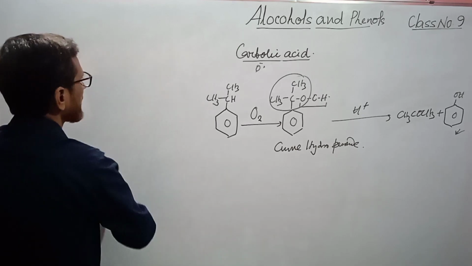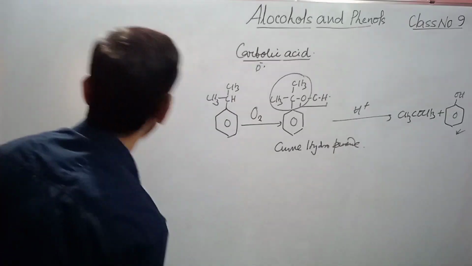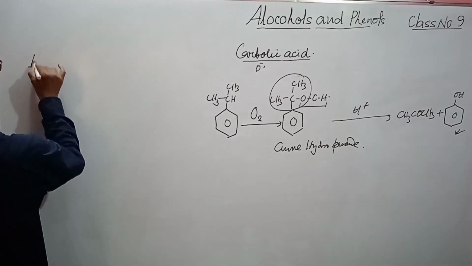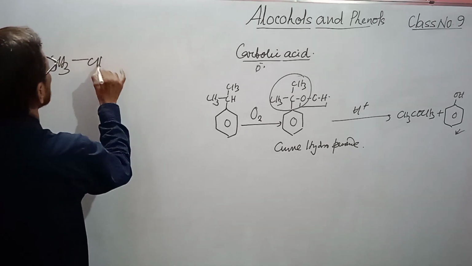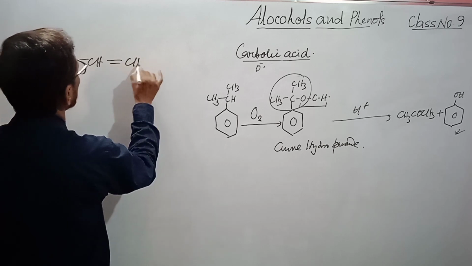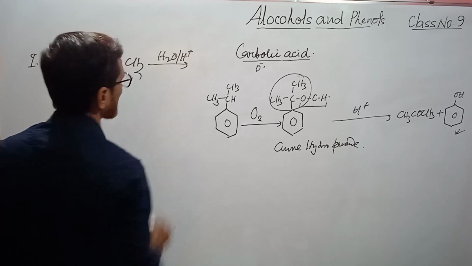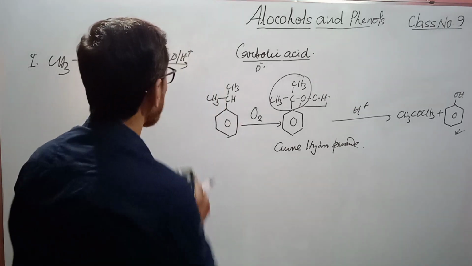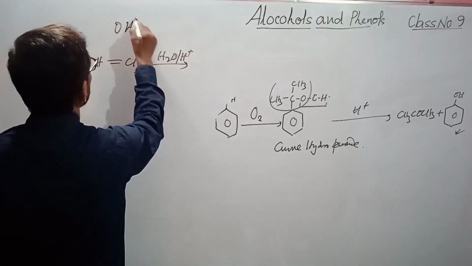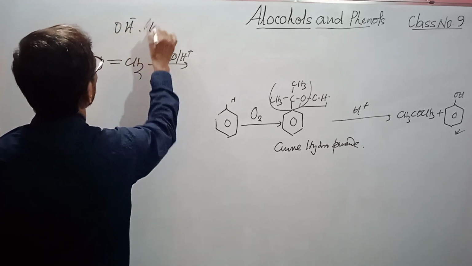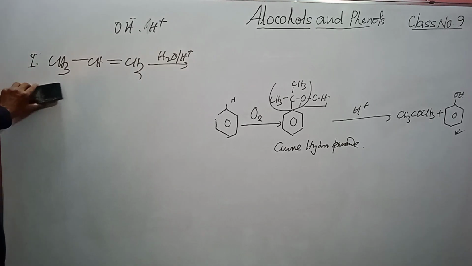Now I am taking an example from your chapter. A question is given in your chapter like this. I am showing you the shortcut, how you get the answer. It is an unsymmetrical alkene.